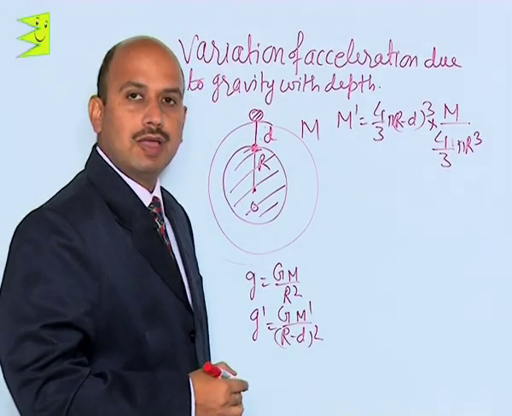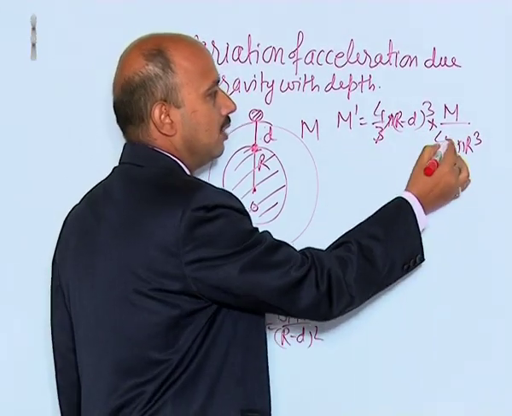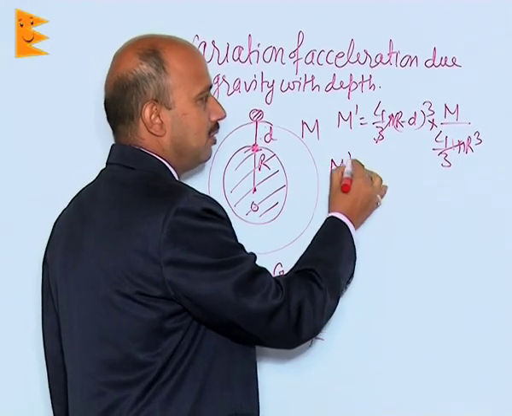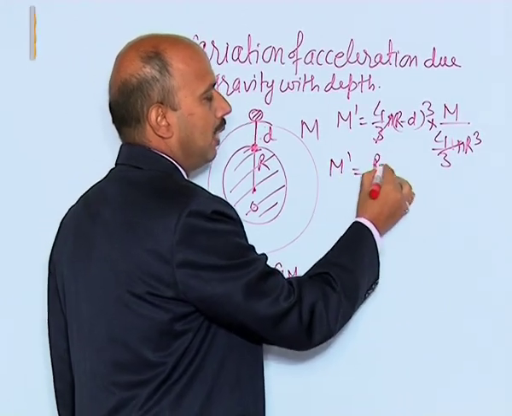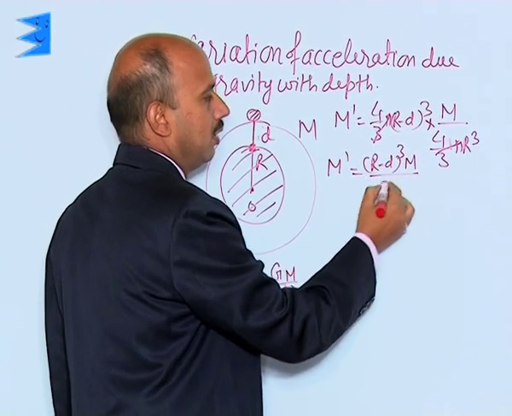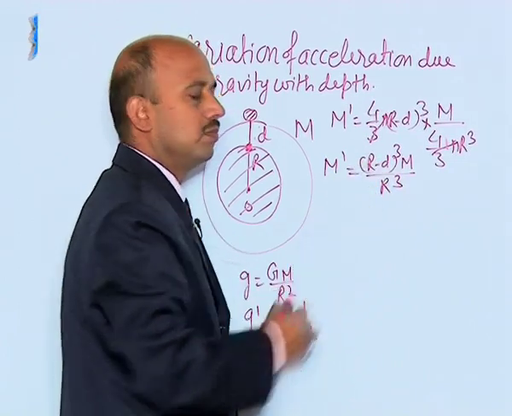This is the value of m dash. This and this will get cancelled. We will be getting m dash is equal to (r minus d) cube m divided by r cube.